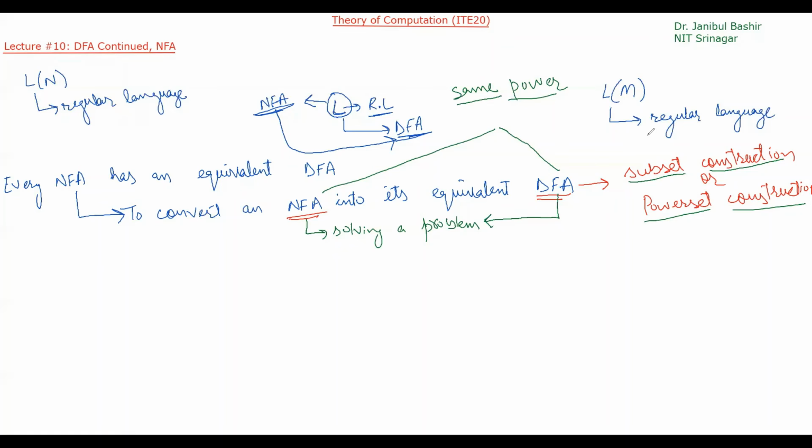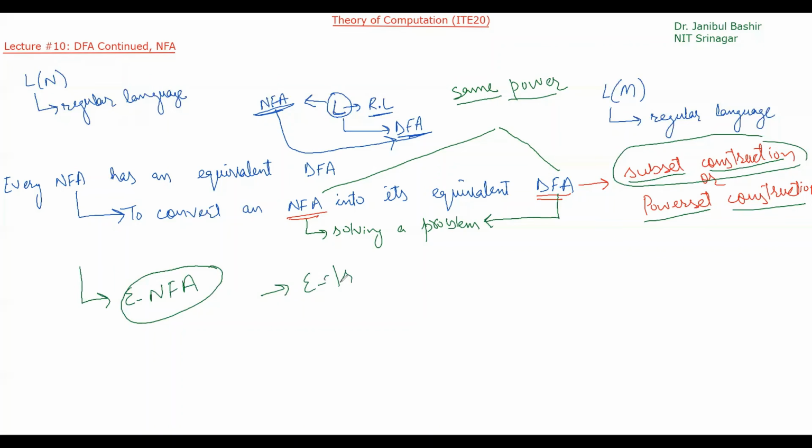We will be discussing this scheme in our next lecture, lecture number 11. However, before discussing subset construction or power set construction, we have to discuss epsilon NFA. So we will first discuss epsilon transitions and what an epsilon NFA is.